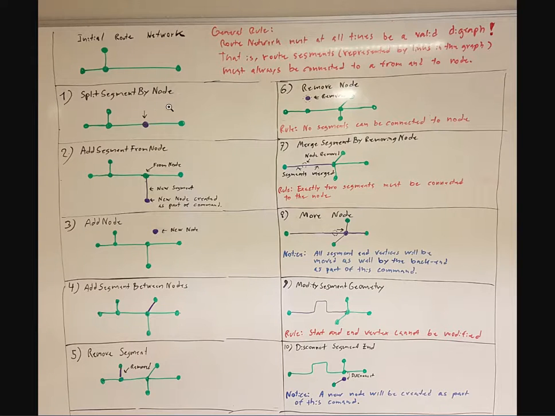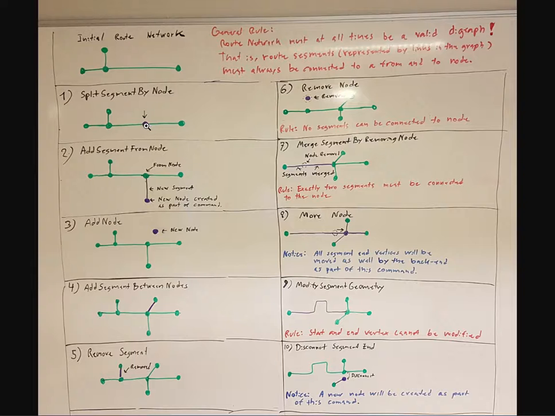So this command will create this new node, and then it will split this existing segment underneath, and basically create two new segments and connect them to this node, and make sure everything that runs through here is still related correctly to this new setup.